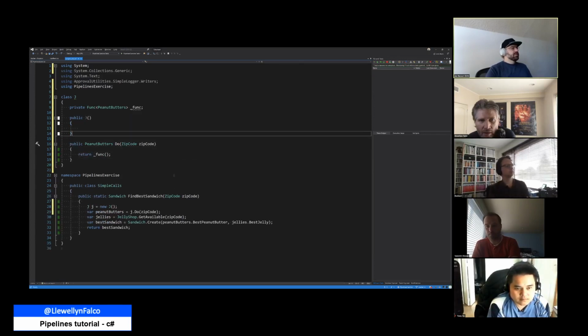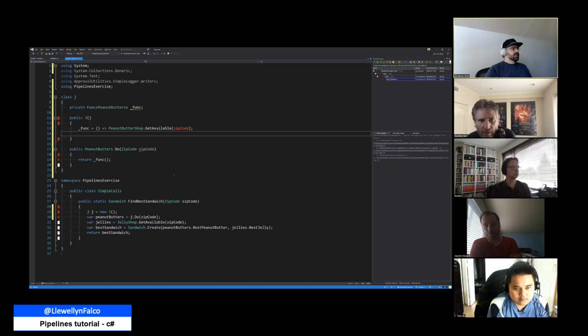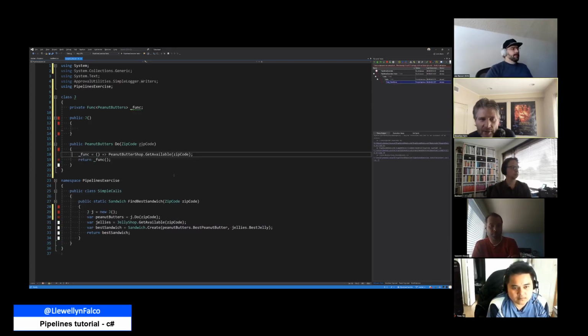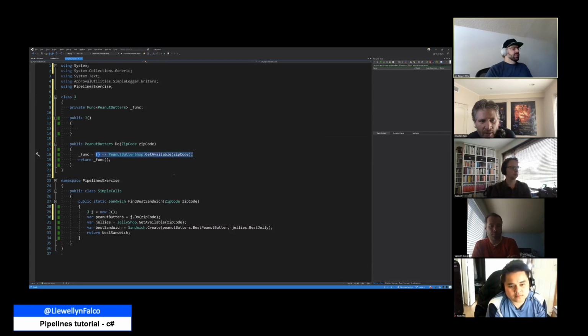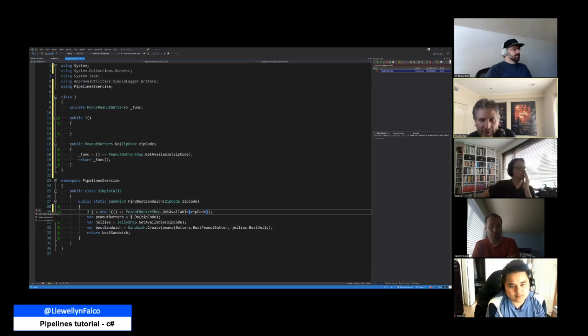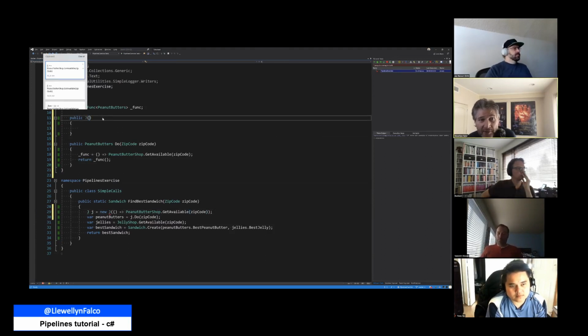Move this statement into the constructor. You can't do that. No, you don't want to do that. You want to pass in the Func of peanut butter. Keep that statement exactly where it is. You're just going to pass it into the constructor on 29. And you're going to modify your constructor here and capture a result. So right now we're capturing it early and then we're reassigning it.